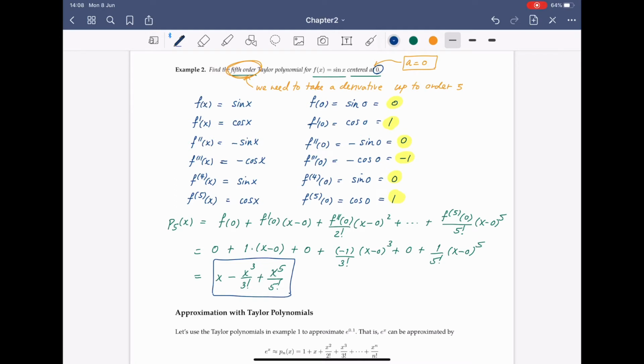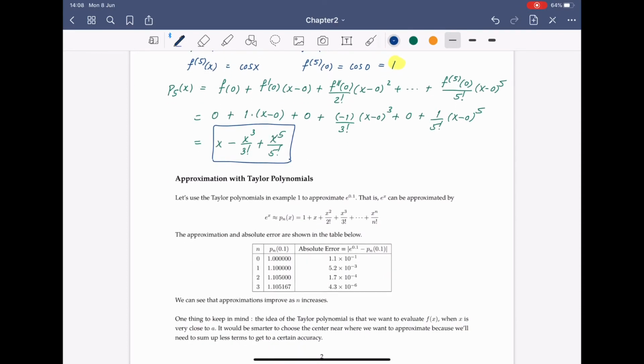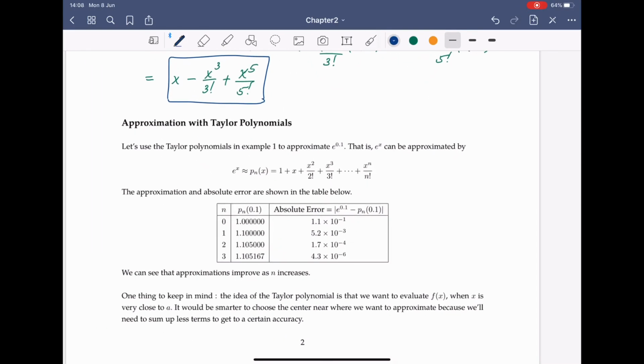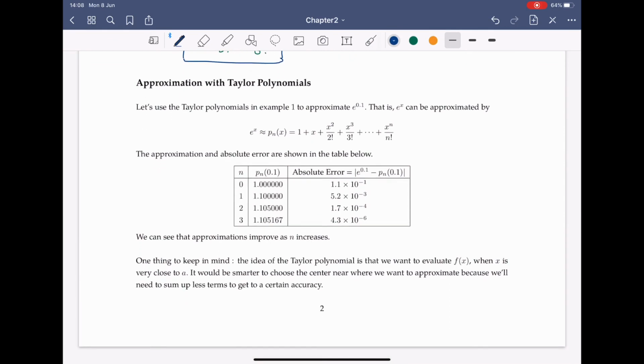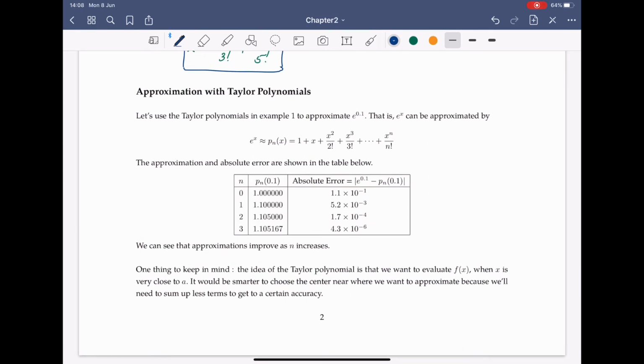Once you know how to construct a Taylor polynomial, you can use it to approximate your function. For example, let's look at this thing that I just have in the notes. So let's say that we're going to approximate the number e to the 0.1. We can approximate it by using the Taylor series of e to the x centered at 0.